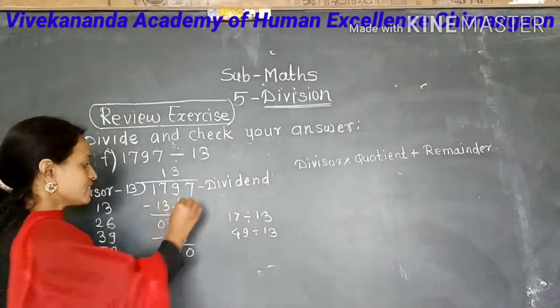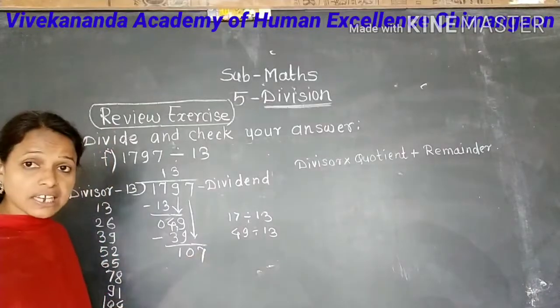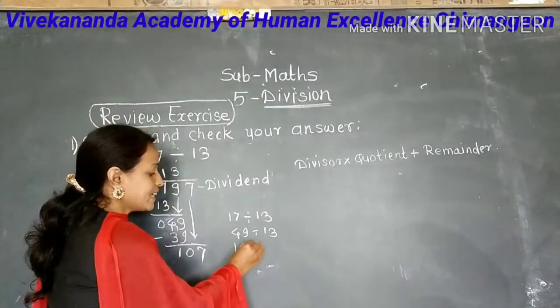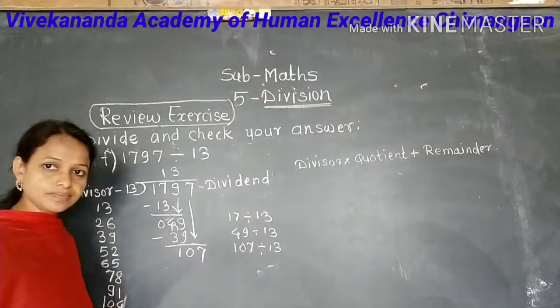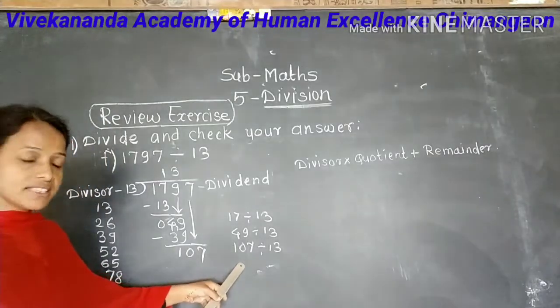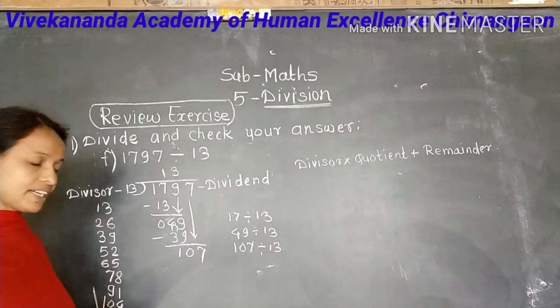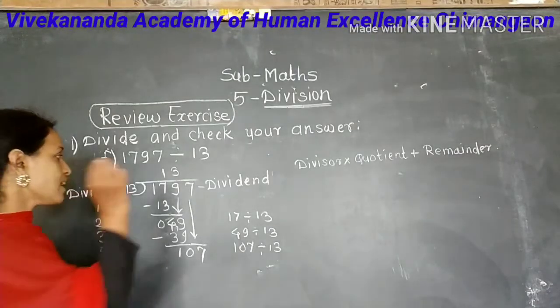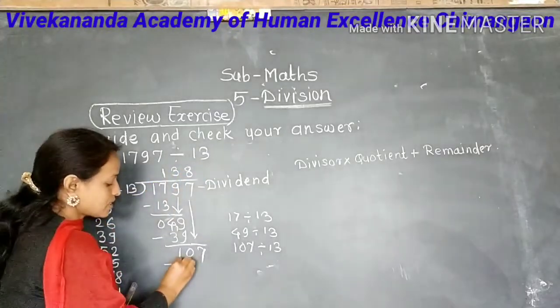Now the next digit is 7. We bring it down. Now we have to divide 107 by 13. By dividing 107 by 13, it gives us quotient 8. 13 8s are 104. So we write 8 in the ones place.